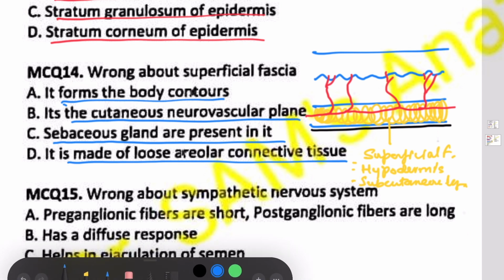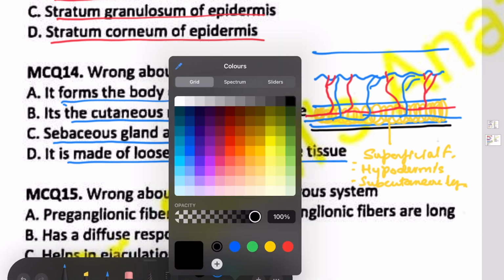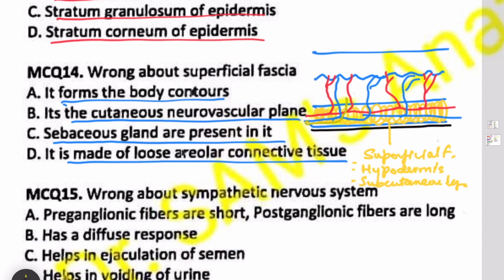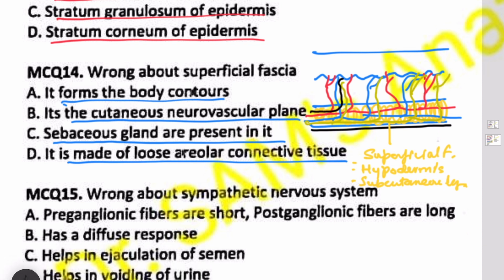So you will find the arteries and subcutaneous veins also running in this layer. You will also find the cutaneous nerves running in this. And what else? You will also find superficial lymphatics running in this.